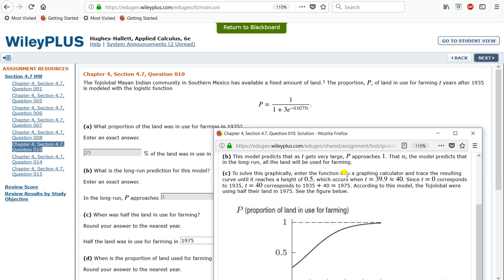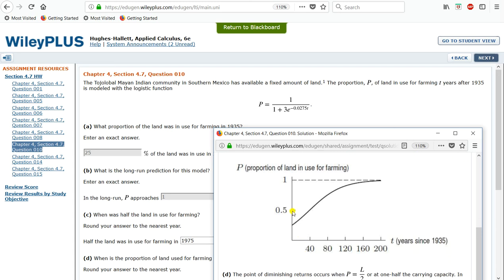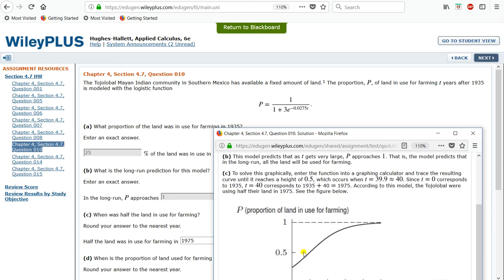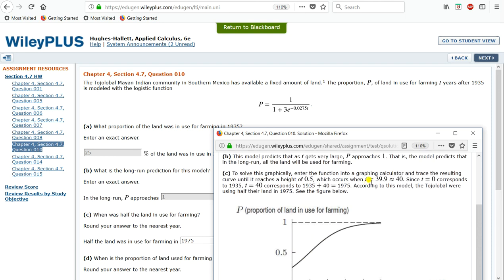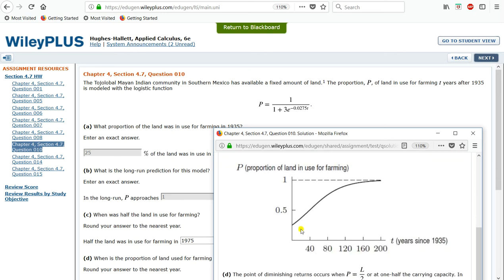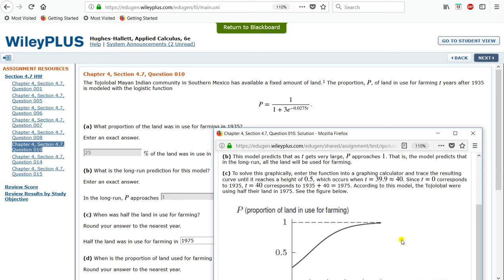You enter the function into the graphing calculator and trace the resulting curve when it hits 0.5. Okay, so 0.5 on the curve happens when it's around 39.9 or 40, right? So 40 years after 1935, and 0 is the year 1935. So 40 years after that is 40 years plus 1935, or 1975.